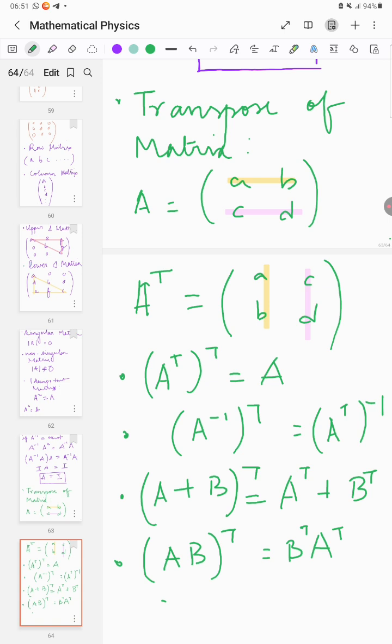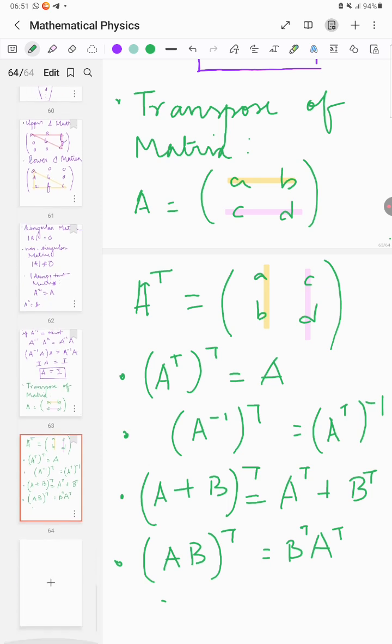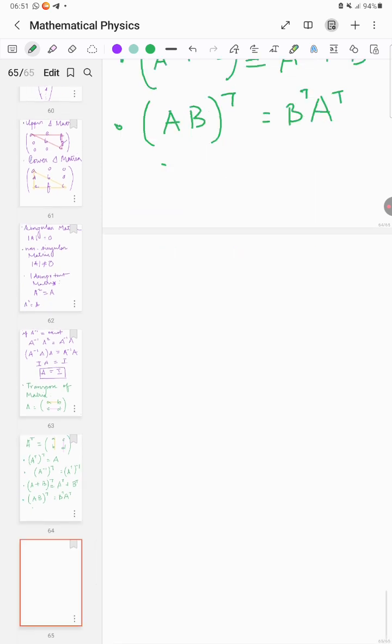So transpose of conjugate basically is equal to conjugate of transpose. What is a conjugate? Conjugate is nothing but, in a matrix, if we replace iota by minus iota, it becomes its complex conjugate. Alright. So A dagger, this symbol is called dagger.